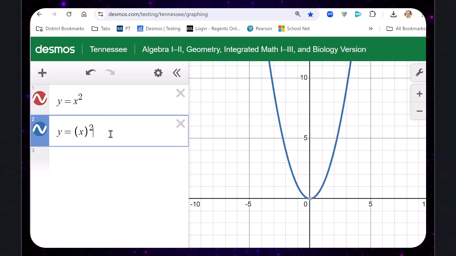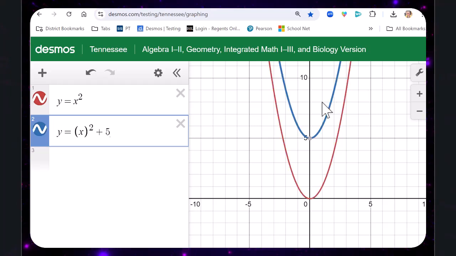So if I wanted to move this up, I'm going to add to the function itself. When you translate things, it's either going to affect the entire function or it's going to affect just the x variable. I'm going to add anything I want here. Let's say I want to add 5. All of a sudden that blue graph shifted from 0 up to 5.